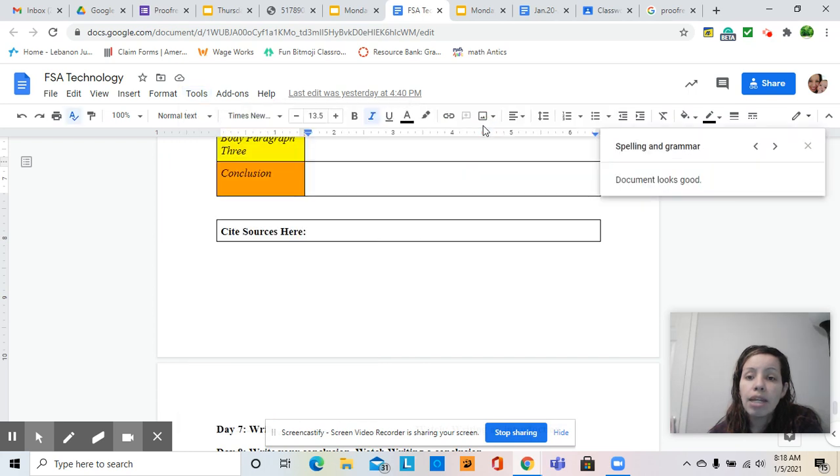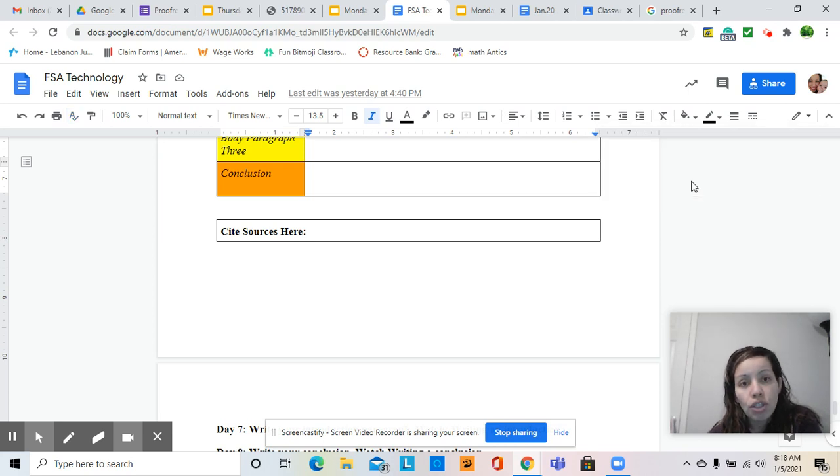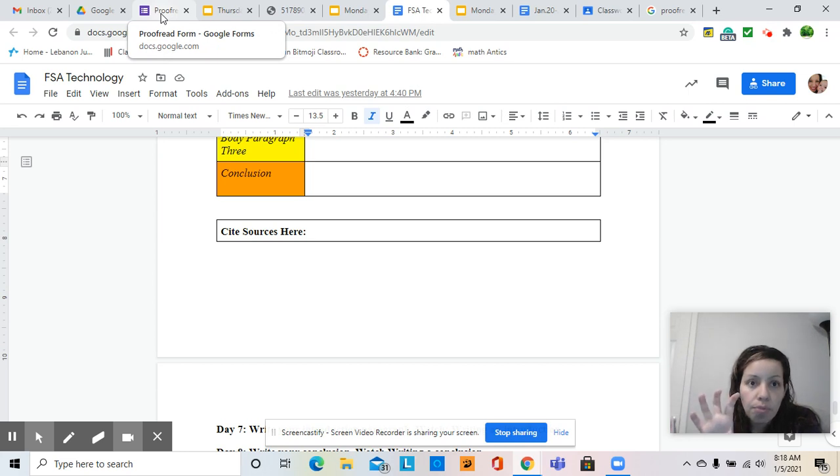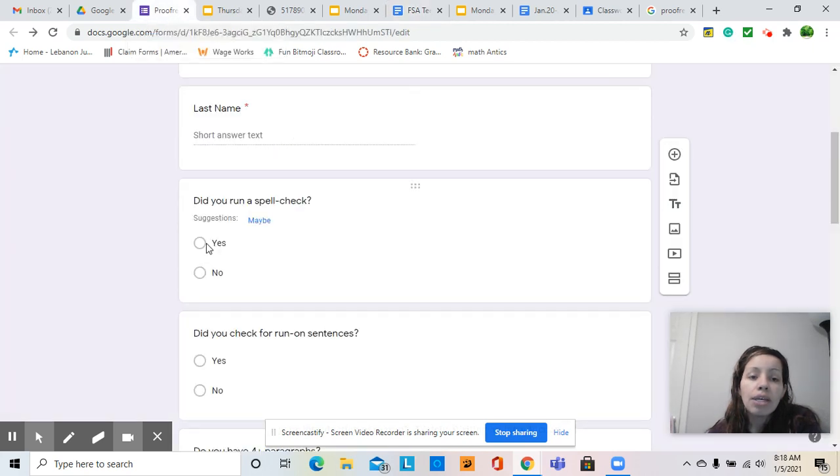When you do that, usually it either tells you that it looks good or you need to change something. Okay, so once you do that, you've highlighted your entire essay and you click on tools and spelling and grammar, then you can say, yes, I have done that.